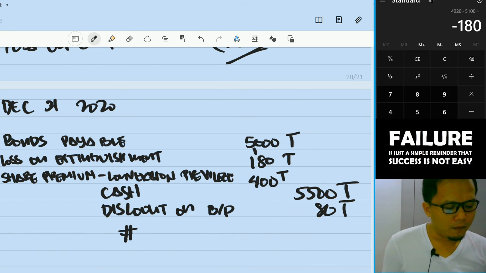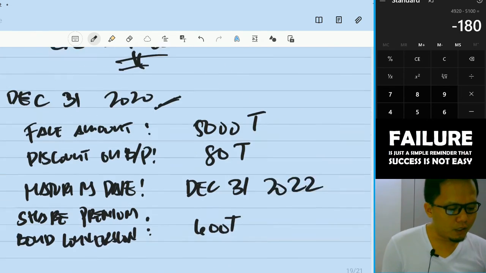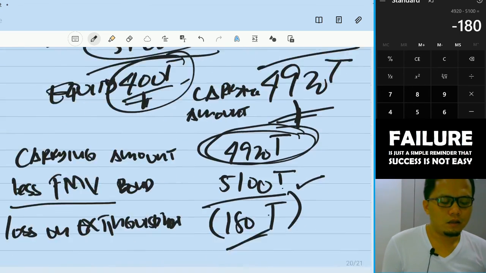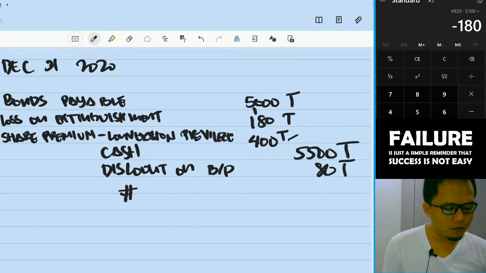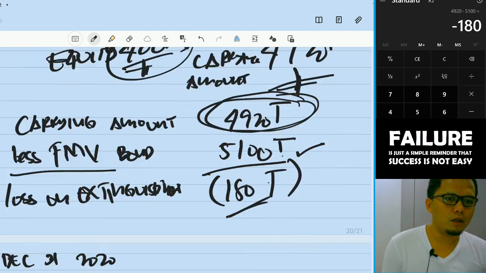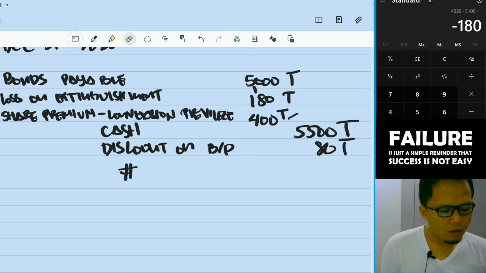Okay? Now, if you may notice, yung share premium natin, di ba, started with 600,000. Tapos, yung na-close natin is only 400,000, which is applicable sa allocated equity. So, what would happen to the 200,000 na balance? 600,000 minus 400,000 na na-close. We will close it to share premium issuance.